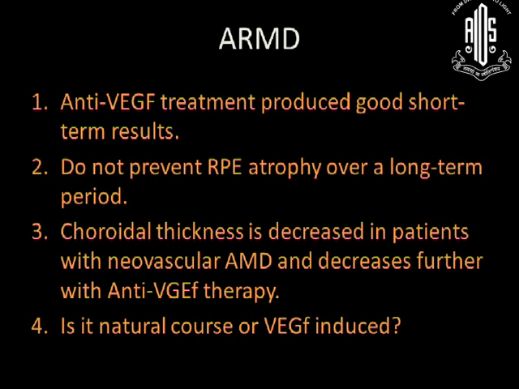So now we are realizing that more than the RPE, it is the choroidal thickness which is decreased in patients with neovascular AMD, and it decreases further with anti-VEGF therapy. Now, whether it is the natural course or whether it is drug-induced, we still do not know.